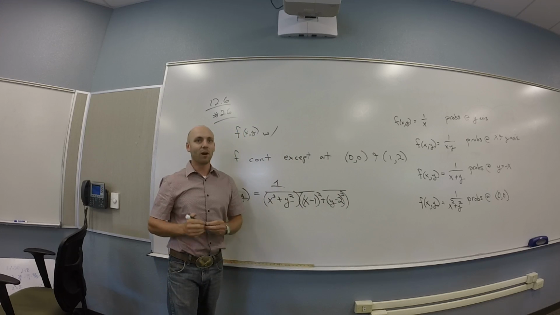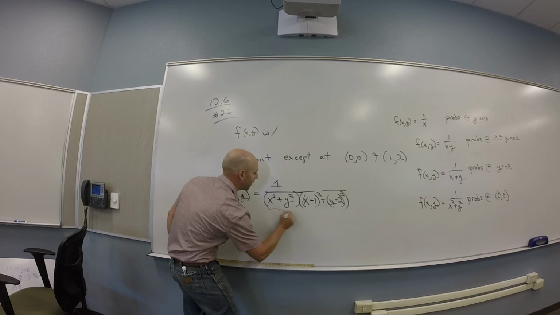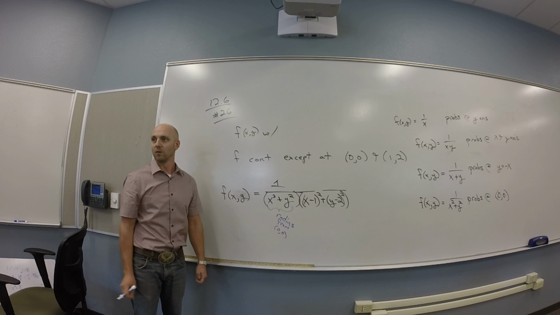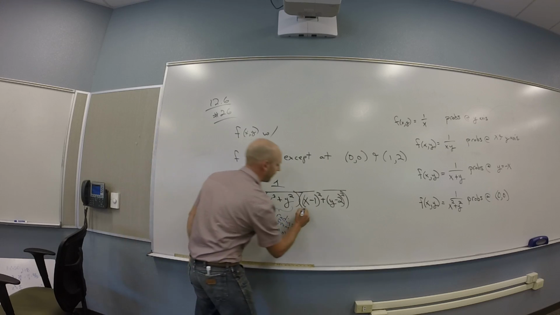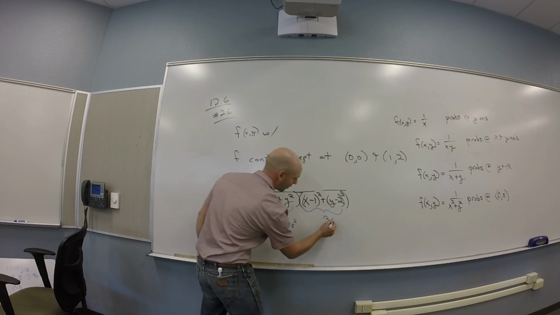And what I'm thinking here is this first guy was the radius from 0, 0. What's this other guy? The radius from 1, 2. Good, well, really the radius squared.